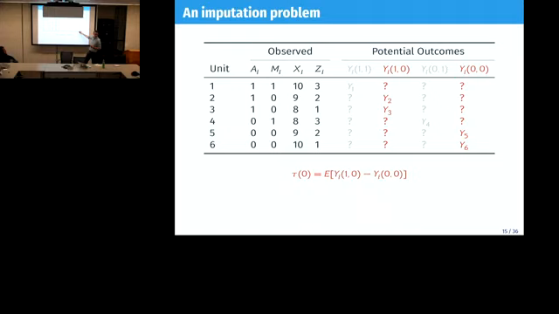Right? But the problem is we don't fully observe everyone in each one of those columns. We only get to observe the people that actually have those levels of A and M. That's the motivating problem. So what most of these methods are going to do is basically impute where these question marks are using various kinds of methods.